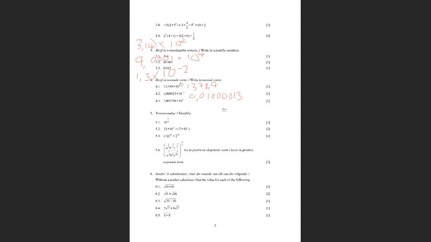It was originally in scientific notation. Then our next one is to the power 10 exponent 4. So the comma will move 4 times: 1, 2, 3, 4. We have 1 0 0 3 7 8 9.